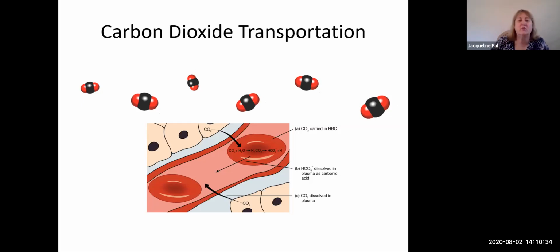Okay, so to review, 7% of the carbon dioxide that's made by the cells travels dissolved in the plasma. An additional 23% is carried bound to the hemoglobin, which means 70% binds with water to form what? That's right, carbonic acid, which then will dissociate to form a hydrogen ion and a bicarbonate ion.